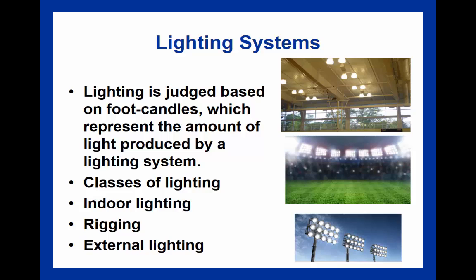Now, in order to appropriately suspend indoor lighting, a facility needs to properly install their rigging. So rigging is any sort of items that are suspended from the roof. And the key variable when we're talking about rigging is the load capacity, which is how much weight the system can support.